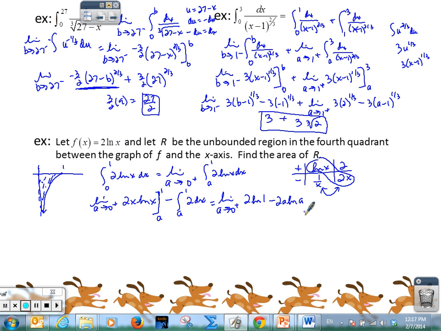That piece is done. All right, so here we have basically, when we integrate, it'd be a negative 2x. So I put a 1 in, I get a negative 2 times 1. I put an a in, so minus a minus, this will be plus 2 times a.